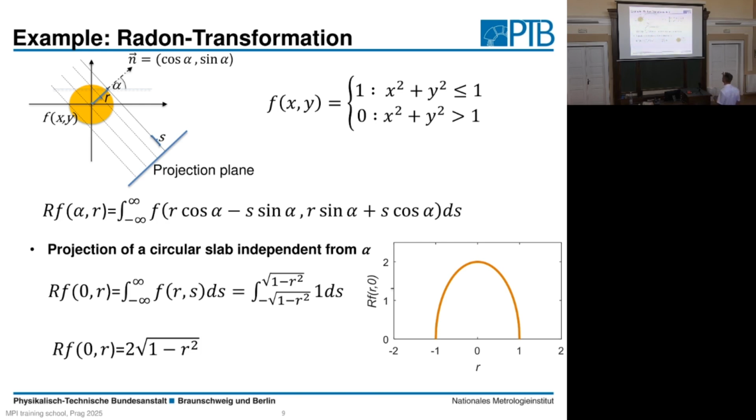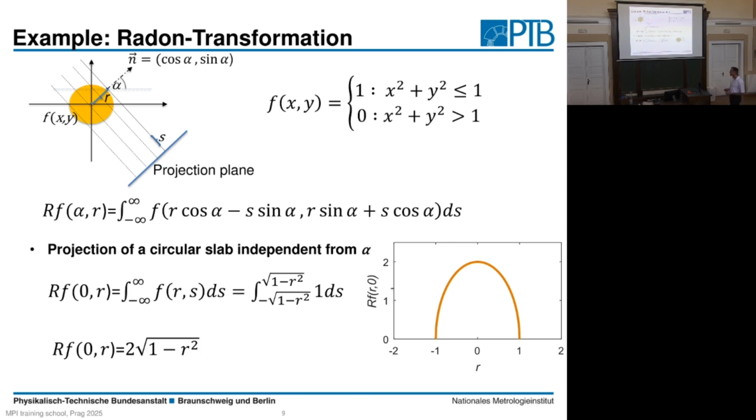Very simple. And you will see why I have used the circular slab, because I can already say this: in this case it's independent from alpha. It doesn't matter from which direction we look, we will always get the same result. So it's enough to do this for 1 alpha, and the integration is much easier.